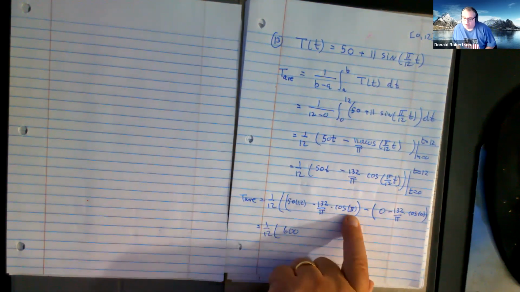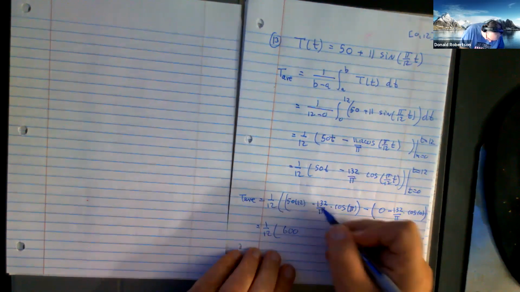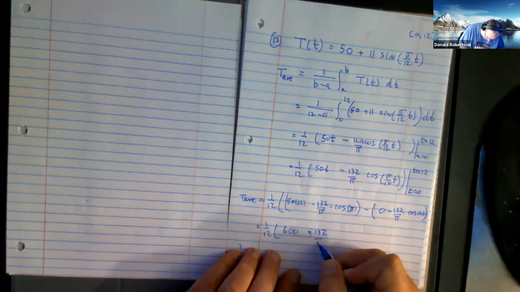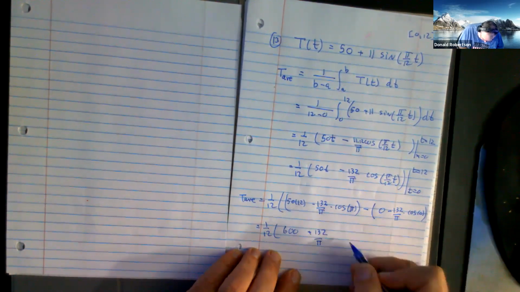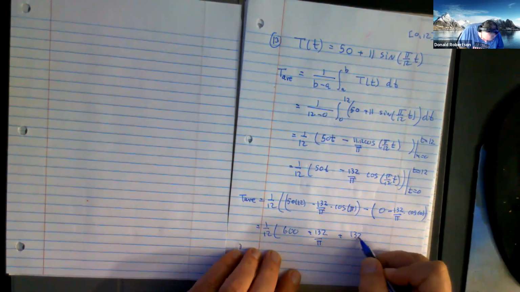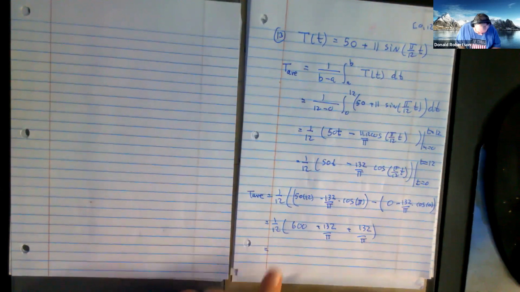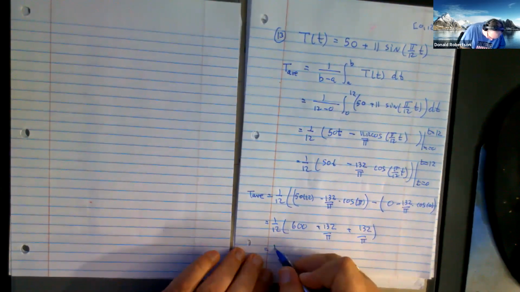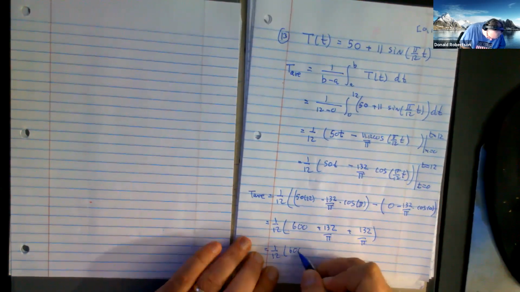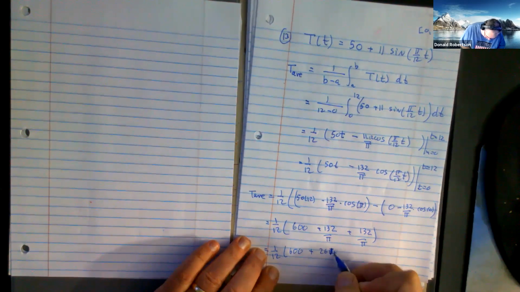What's the cosine of pi? What's the number for the cosine of pi? -1. Okay, so 2 negatives make it a plus. Take away nothing, doesn't matter. Add, well, let's check it. That's 1. So add 132 over pi. And so our answer becomes 1/12, 600 plus 264 over pi.